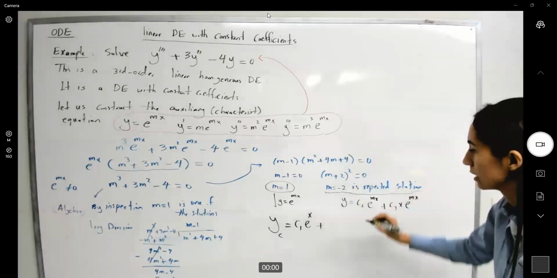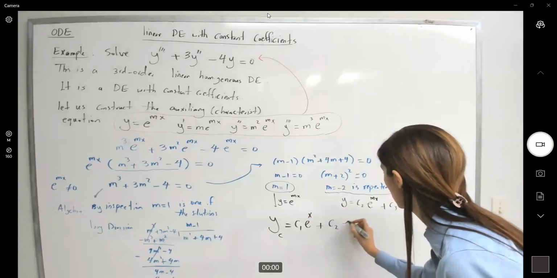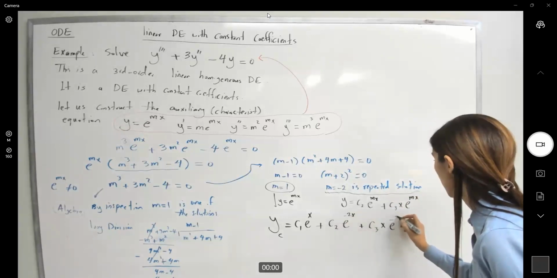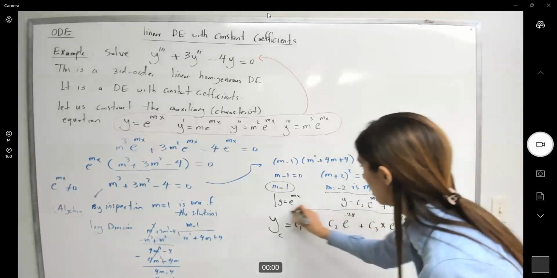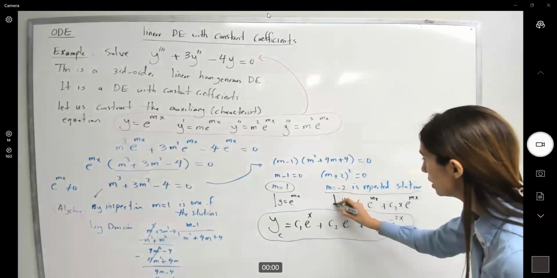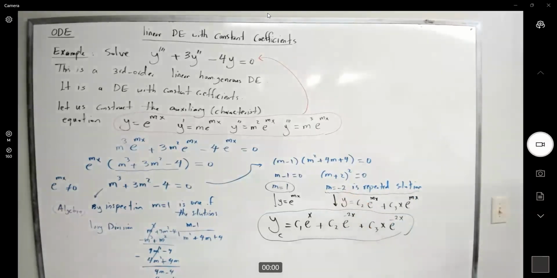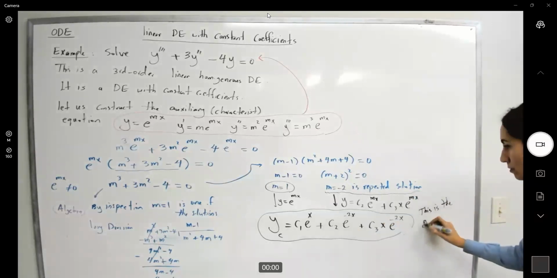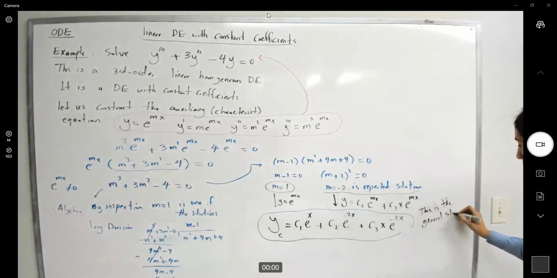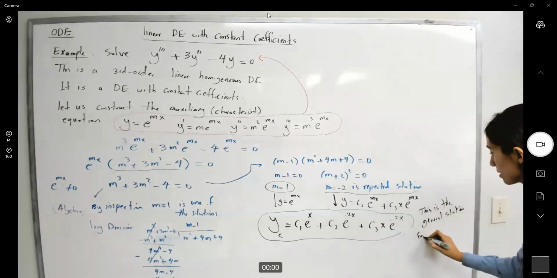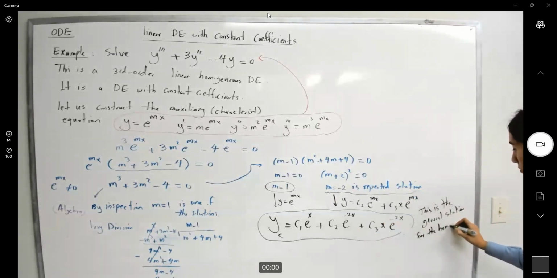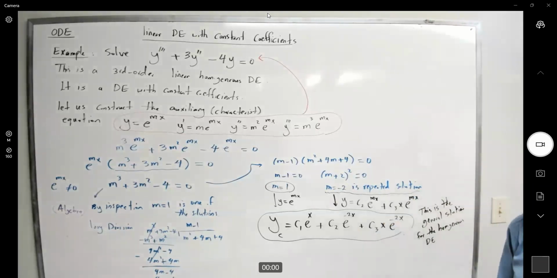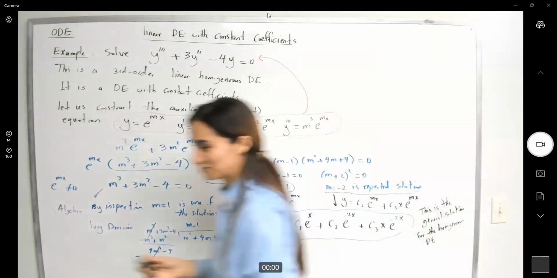M in this case is negative 2, so plus c2 e to negative 2x plus c3 x e to negative 2x. We found the general solution for this differential equation, the general solution for the homogeneous differential equation with constant coefficients of degree 3.